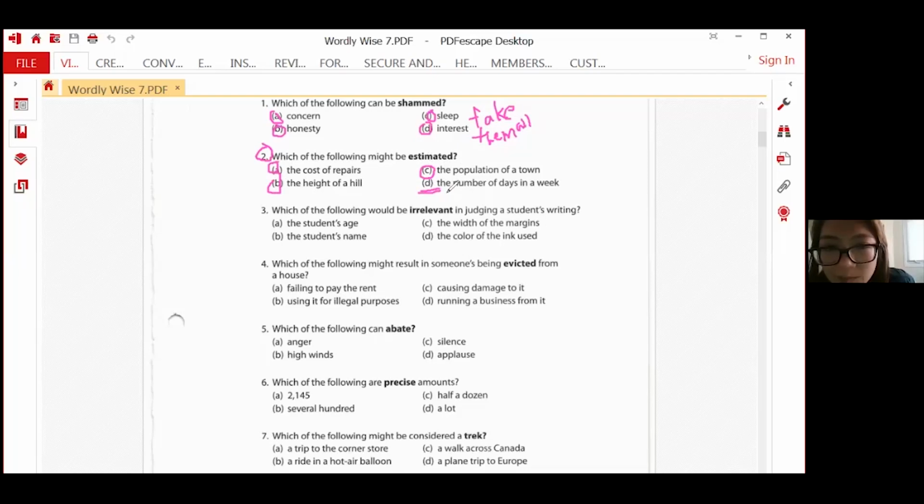So why can't they be estimated? Actually it could for like a 5-year-old. It can't be estimated because it's fixed. Yeah. Right? Okay.